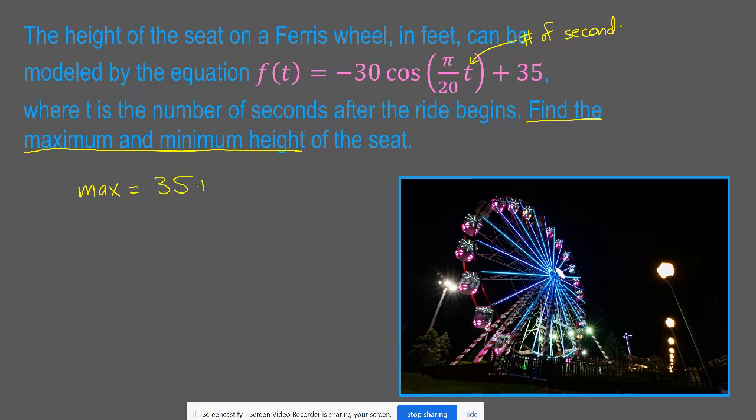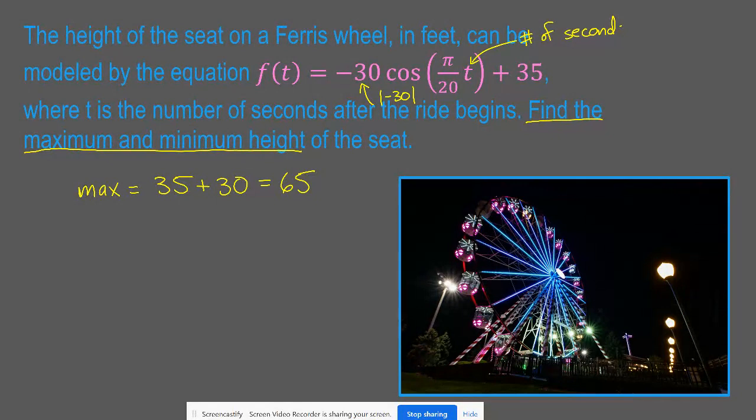And we are going to add the amplitude. Now remember, we got to take an absolute value of -30 to find our amplitude. So we're going to add 30 to the 35. And so the maximum height of that seat on the Ferris wheel is going to be 65 feet. So 65 feet up in the air is the highest you will go on this particular Ferris wheel.